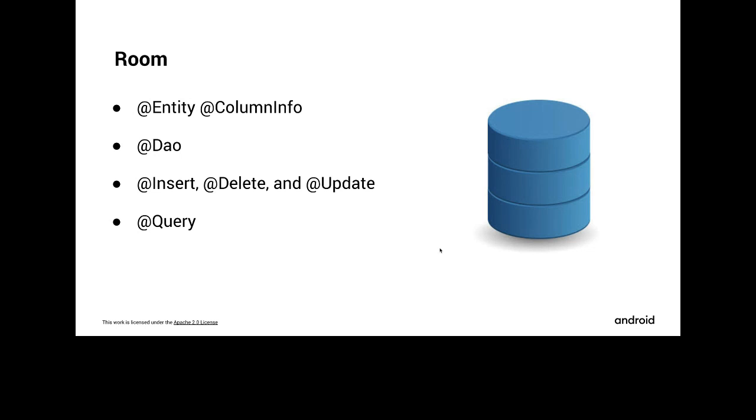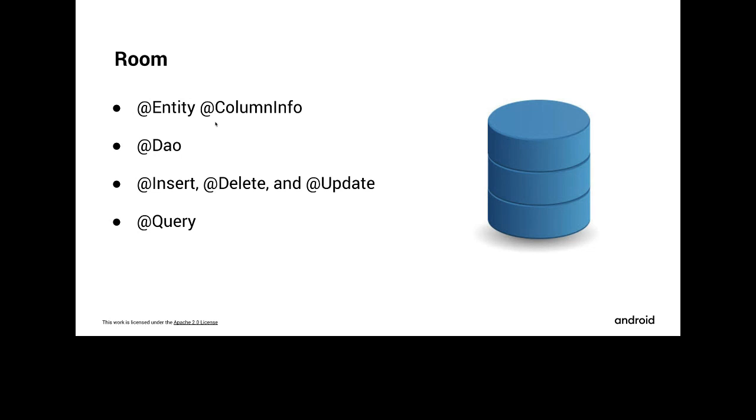Basically, the way that Room works is that you simply tag different components of your app with these annotations, and that signals to the Room system that it needs to generate some code. That code is what these things map out to.